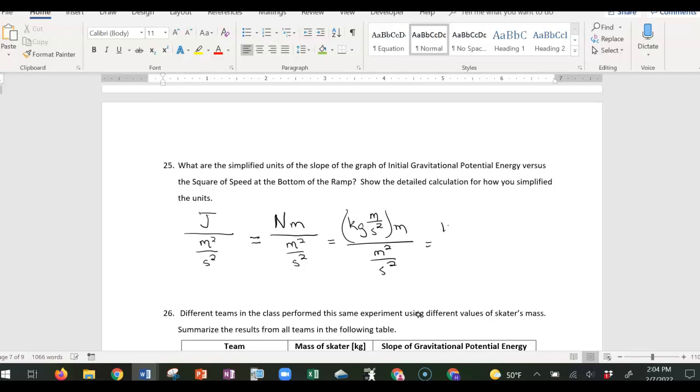So here I'm going to have kilogram times meter squared per second squared. And so the meter squared per second squared cancel, since I have them both in the numerator and the denominator. And so these units, as ugly as they were, simplify to be something very nice and simple. They're just units of kilograms.